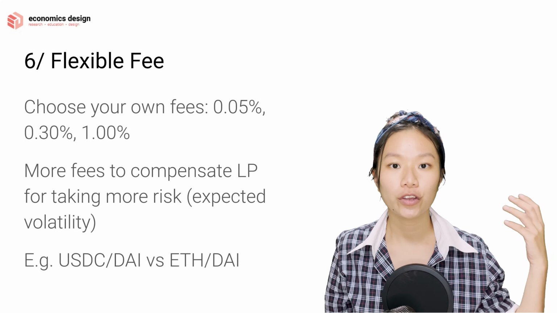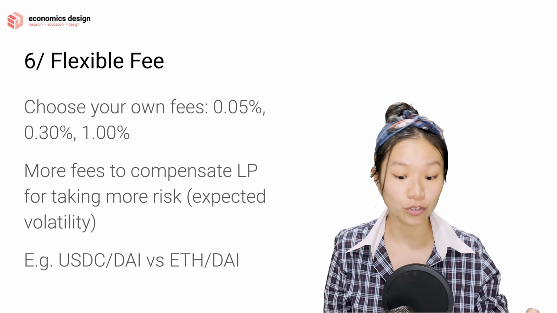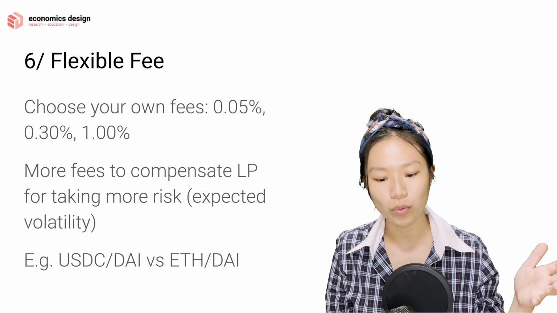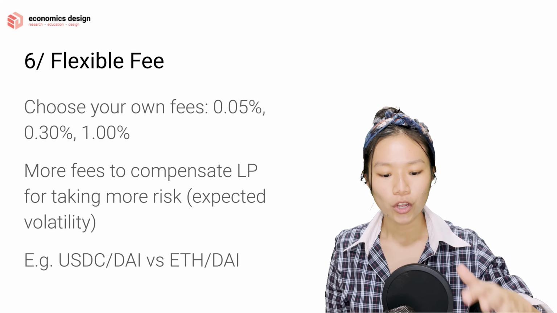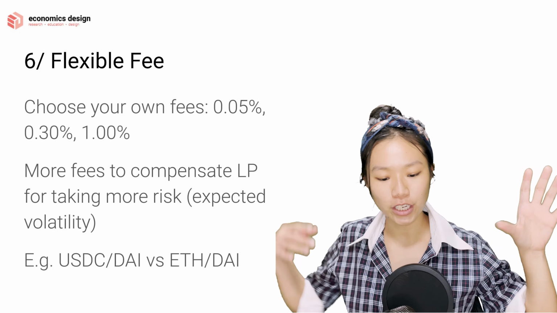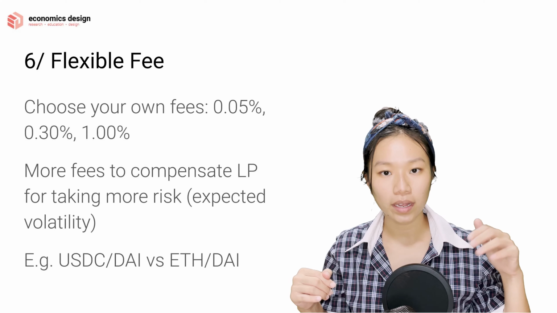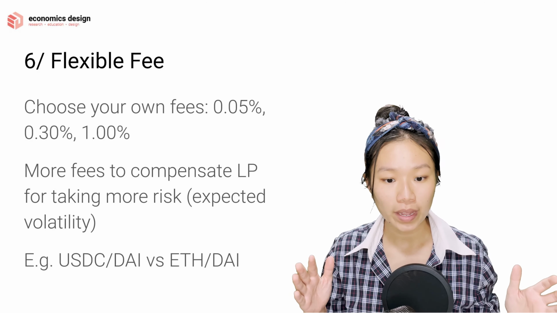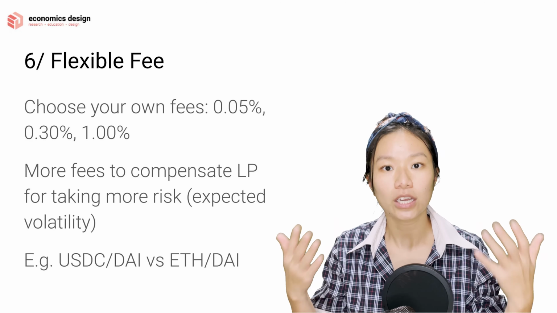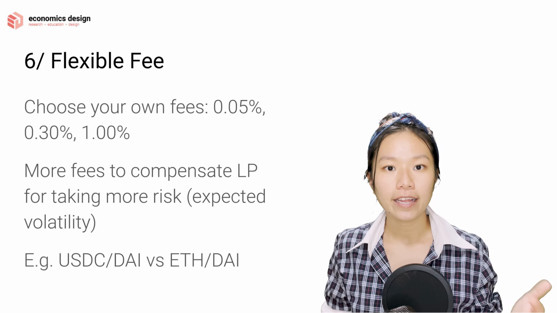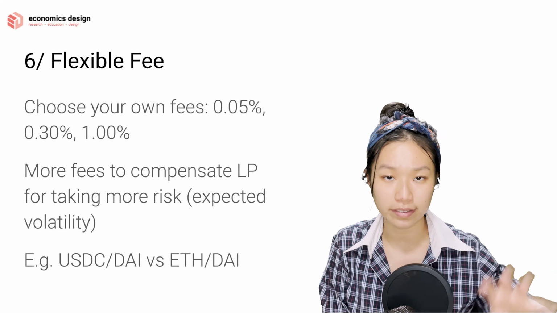So to do that, you can customize your fees. You can do it at 5 basis points or 0.05%, 30 basis points, which is 0.3%, or 1%. So you get to choose the fees, and the fees can change depending on the risk taken. For example, when things are super volatile, you want to incentivize the liquidity providers to provide liquidity into the pool, and you can compensate them by customizing higher fees given to them.